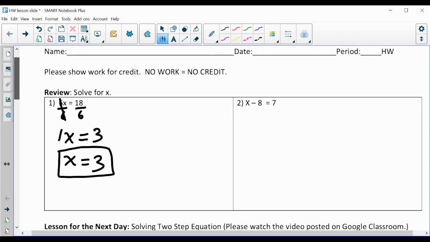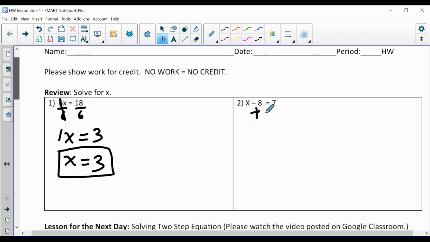So number 2, if you can, go ahead, pause the video and try it on your own first, and then check back with the video. Okay, number 2: x minus 8 equal to 7. The opposite of, or undo, subtraction is addition.